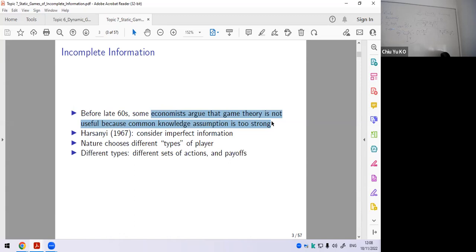Instead of talking about not knowing what my opponent's cost is, firm 1 makes a conjecture about what firm 2 is. Of course, firm 2 knows exactly where he is, but firm 1 just thinks in terms of probability over what kind of thing can be realized, and that firm 1 knows how to do.